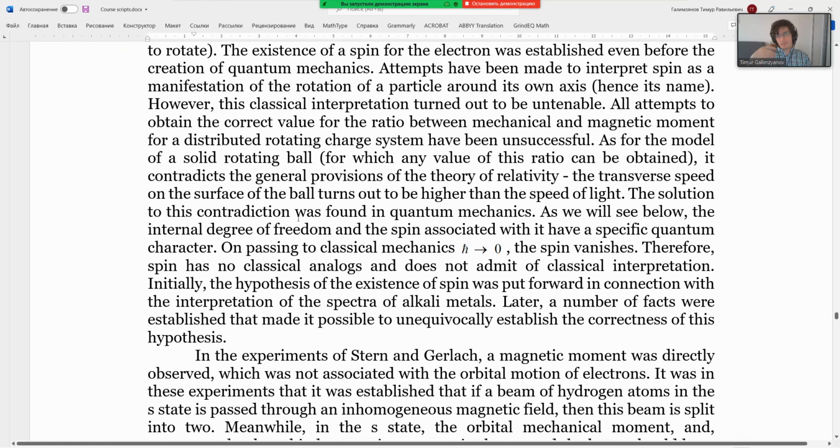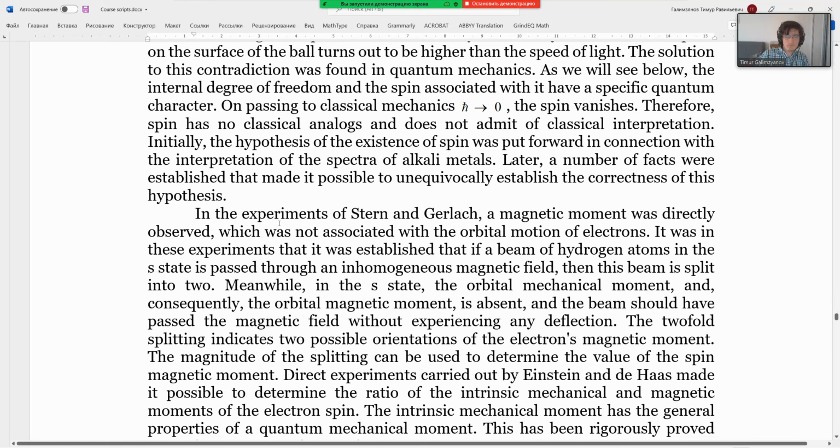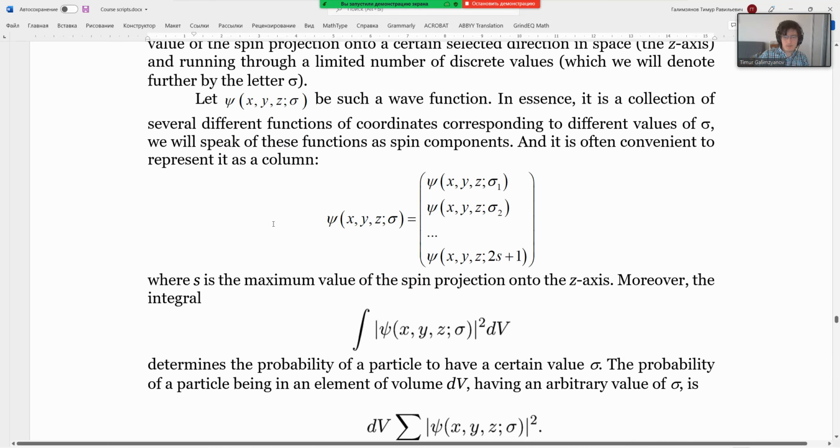And that means that spin doesn't have a classical analog. The spin is a pure quantum mechanical quantity. There is no such quantity as spin in classical mechanics.